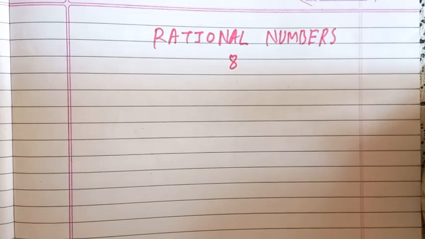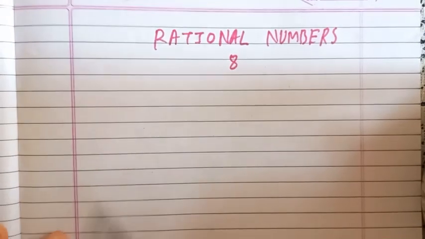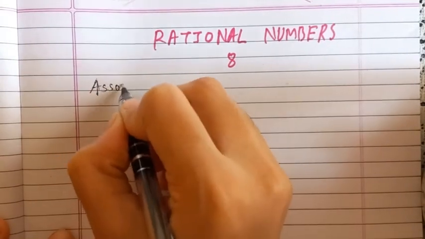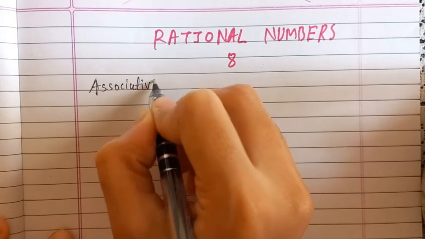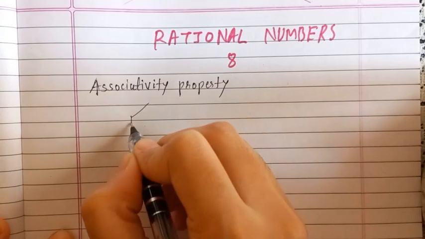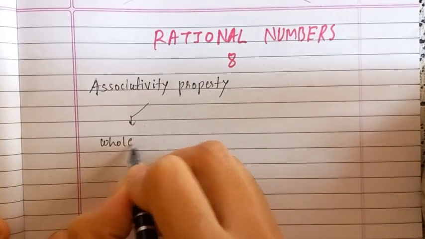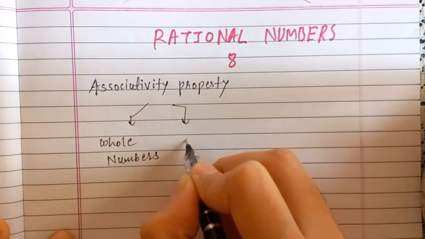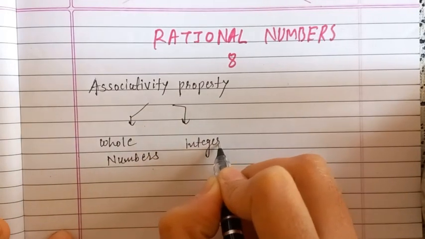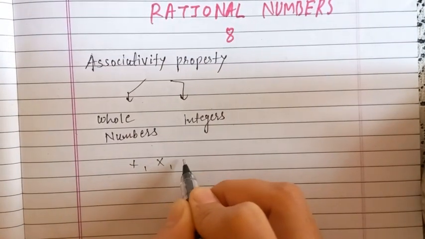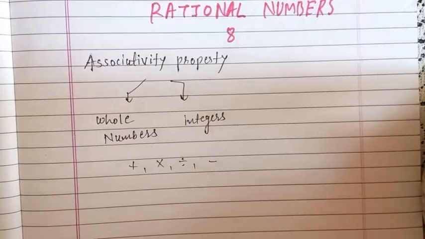So today we are going to study the associativity property for two types of numbers, whole numbers and integers, under 4 types of operation: addition, multiplication, division and subtraction.